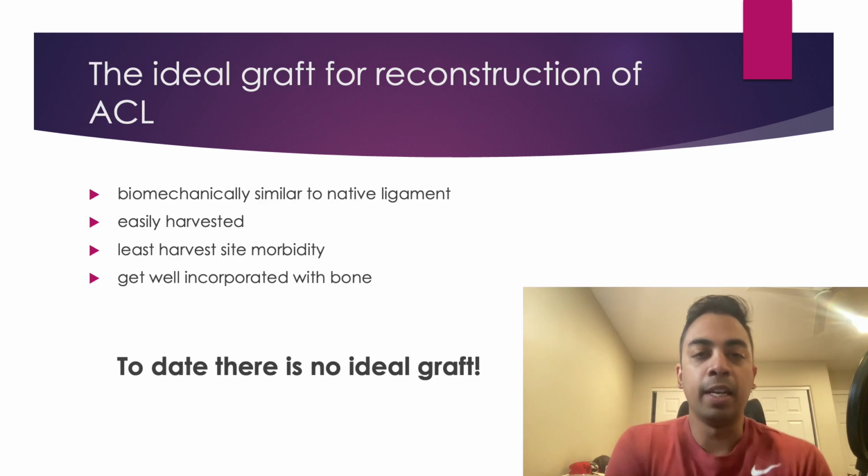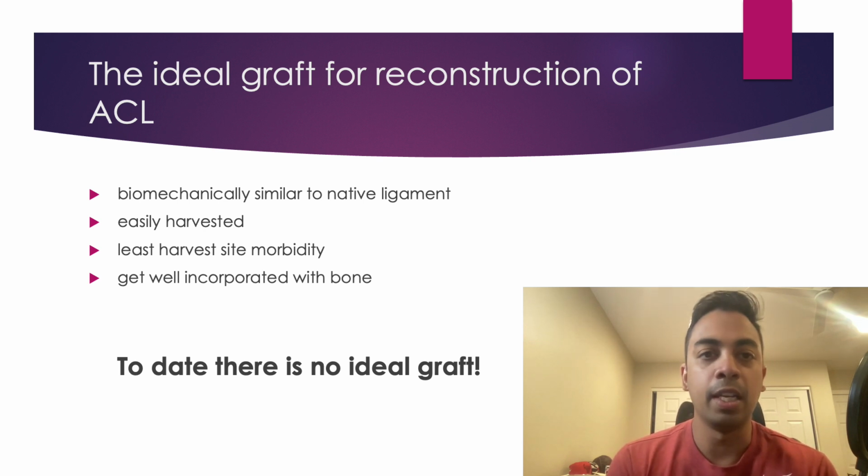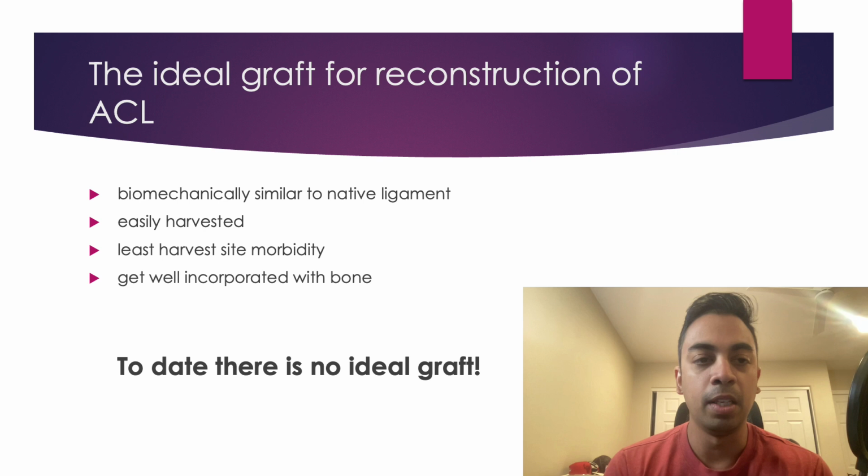When we think of the ideal graft for an ACL reconstruction, the idea is that with the ACL unfortunately being unable to repair itself, we're looking for a substitute tendon or a reconstructive option. We want it to be biomechanically similar in strength and characteristics to the native ACL.